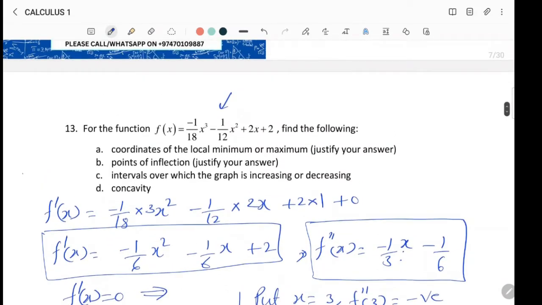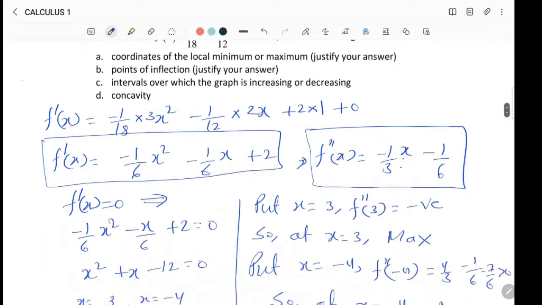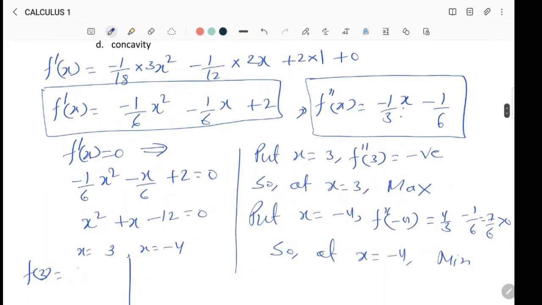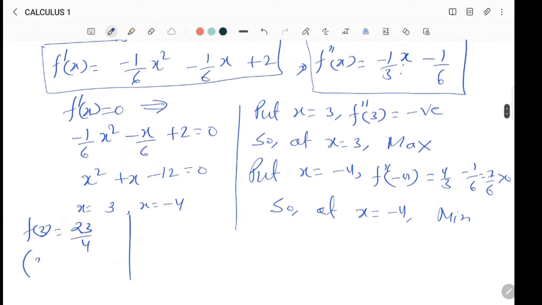So when we put x is 3 in this, f of 3 will be 23 over 4. So what will be the coordinate, guys? 3 comma 23 over 4.